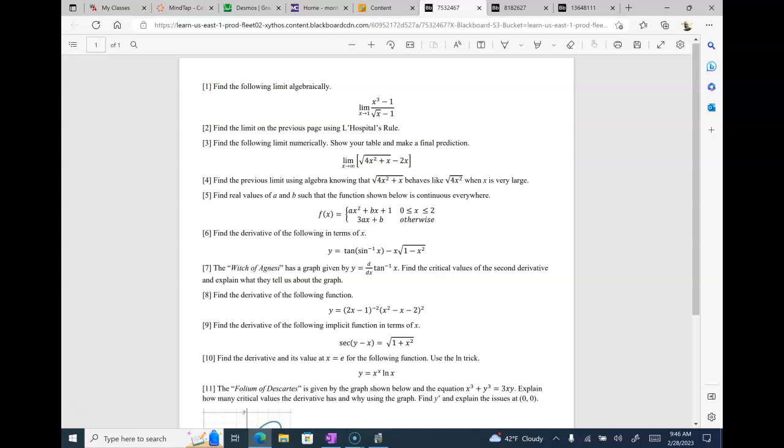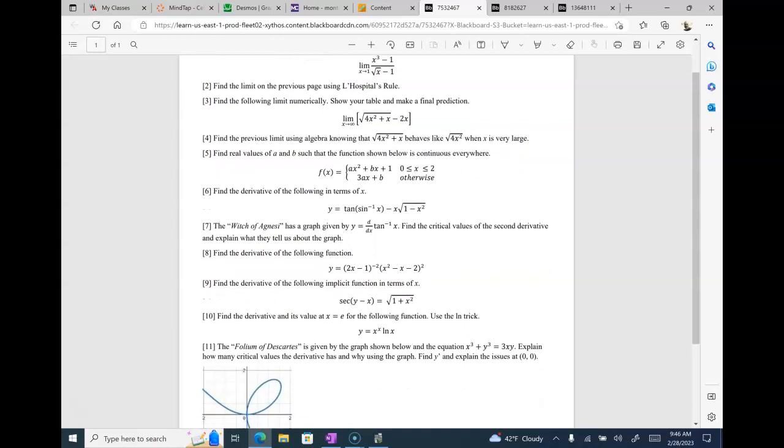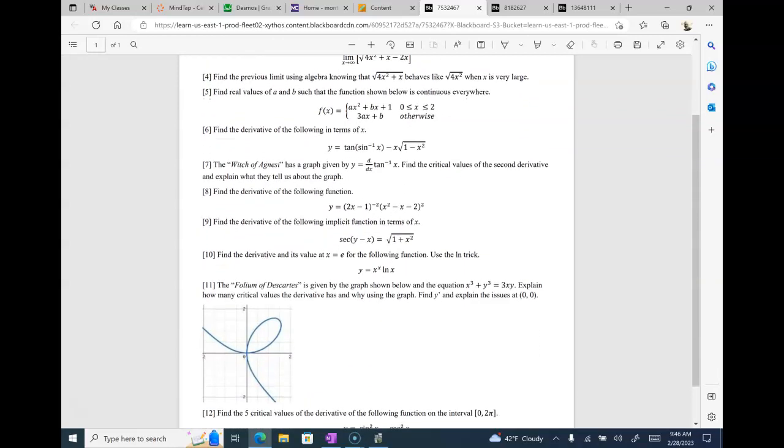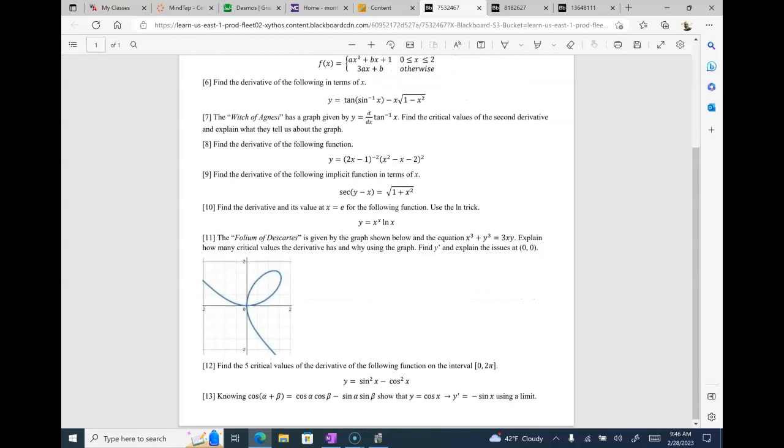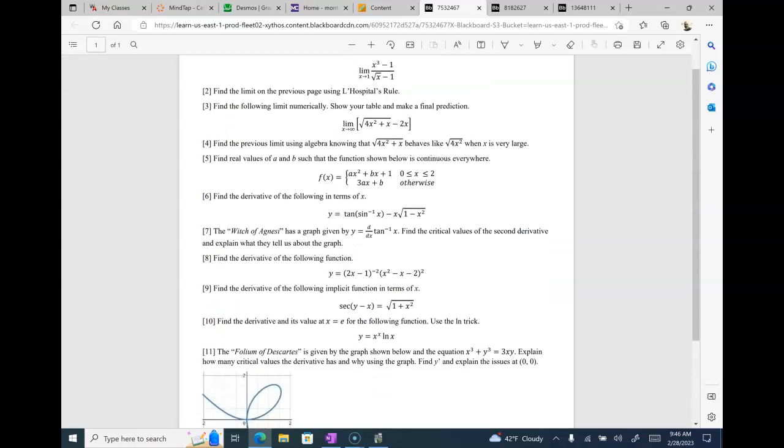Summer 2019 midterm, don't do 3 and 4. Don't do 10. Don't do 13.